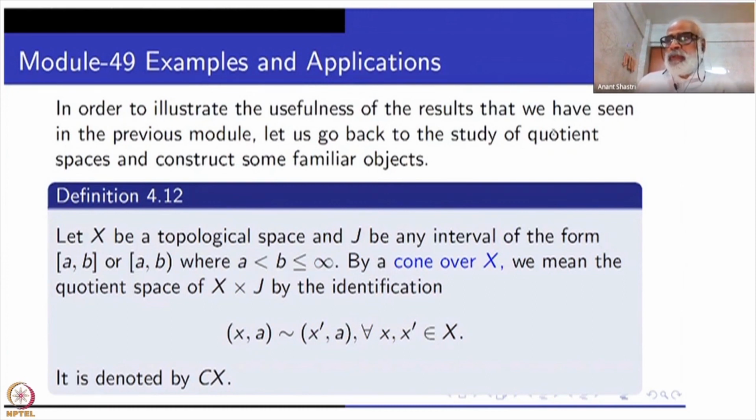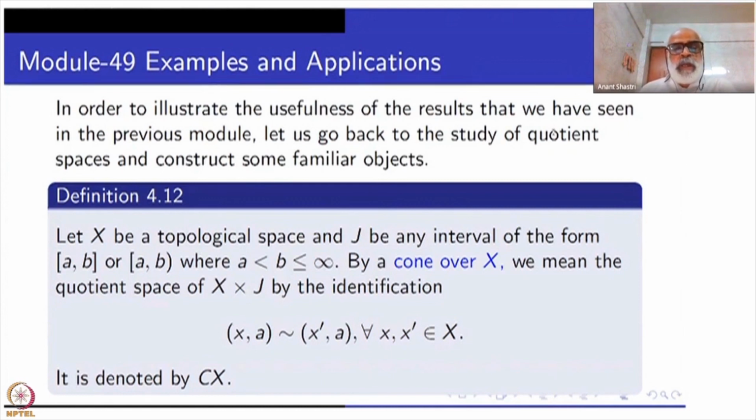So we go back to the study of quotient spaces now. Let X be a topological space and J be any interval of the form [A, B] closed or [A, B) with B open, and B could be infinity also.